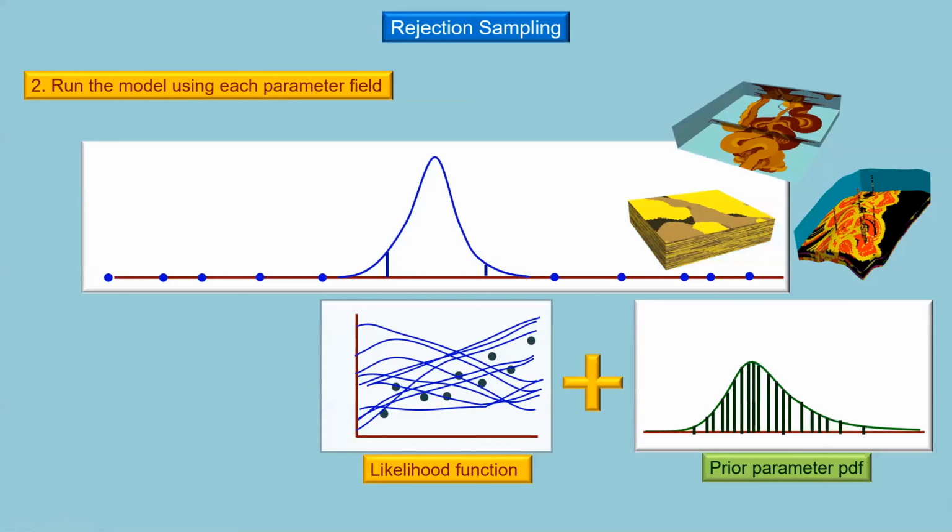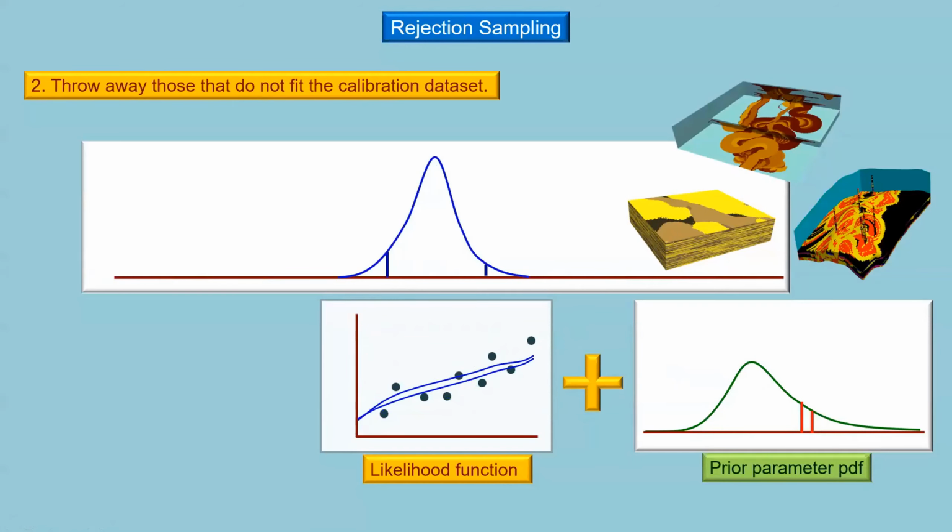We run the model. Surprise, surprise, not many of those, if any, allow the model outputs to fit the field data. So here's our likelihood function, and I'm assuming here that 2 of those parameter fields give us a model to measurement misfit which is passable according to the metric of the likelihood function.